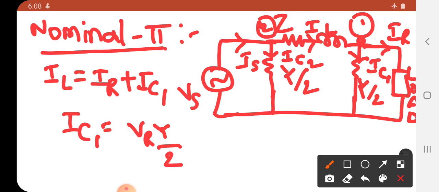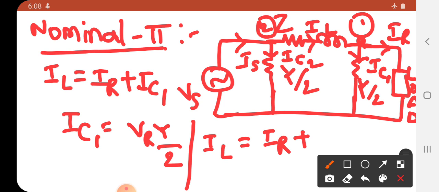Next, we got two equations, and if we substitute this value in IL, hence IL is equal to IR plus y by 2 into VR.